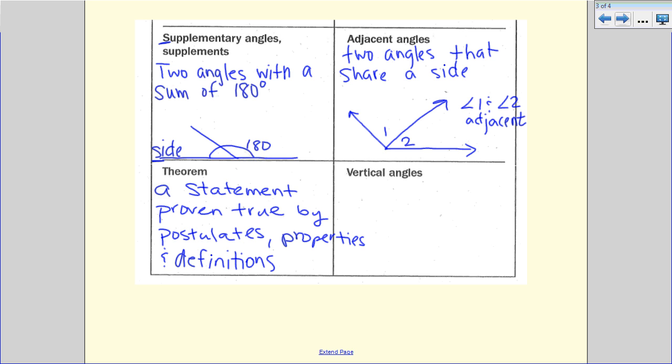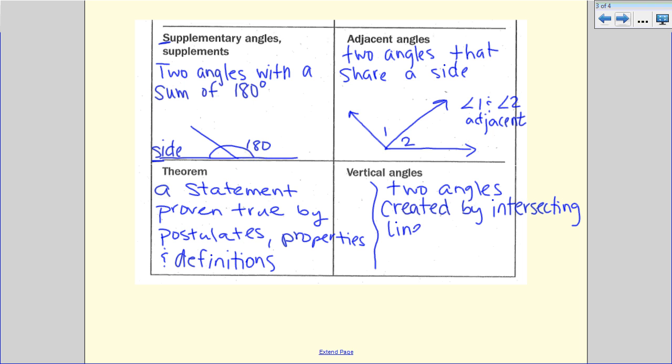All right. Vertical angles are two angles created by intersected lines and they are congruent.